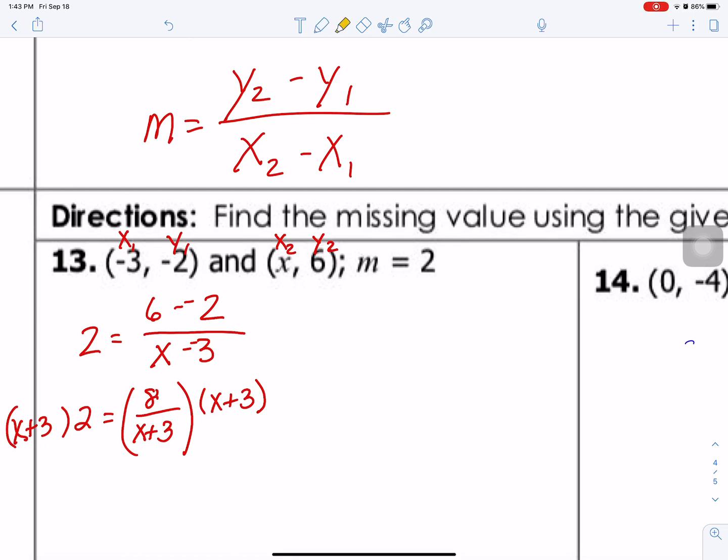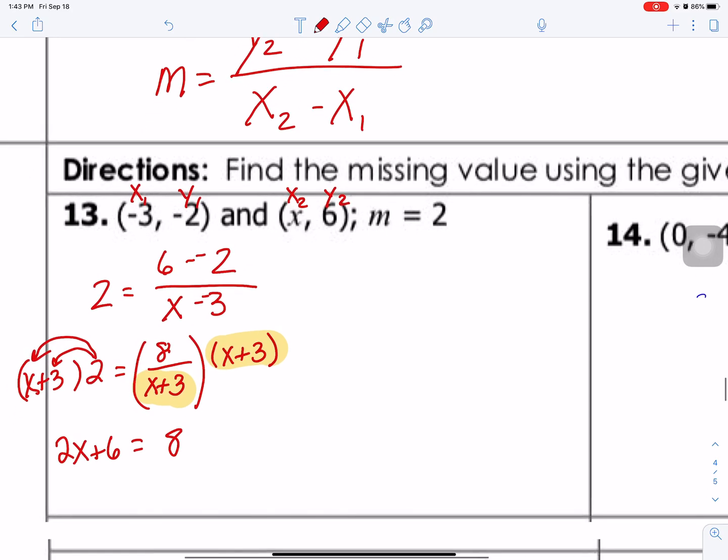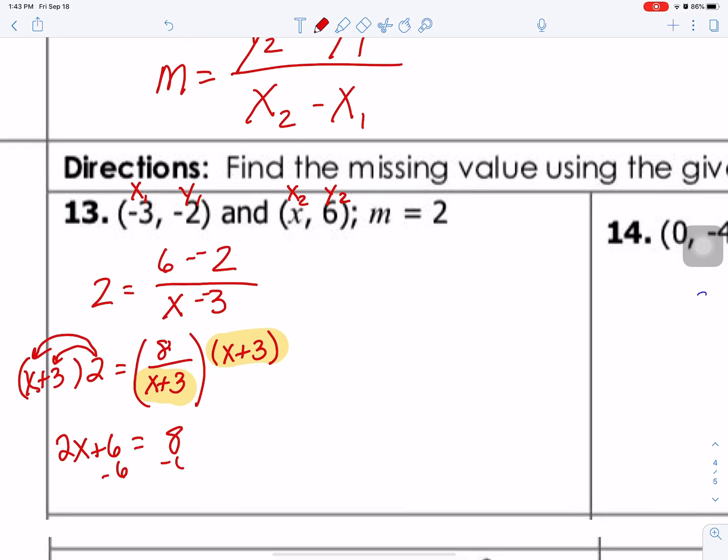And again, the purpose is that this X plus 3 is going to cancel with this X plus 3. So now on the right-hand side, I have just an 8. On the left-hand side, I need to do the distributive property, and if it's easier, go ahead and write that 2 out front. I get 2x plus 6, and now I'm just solving this equation.